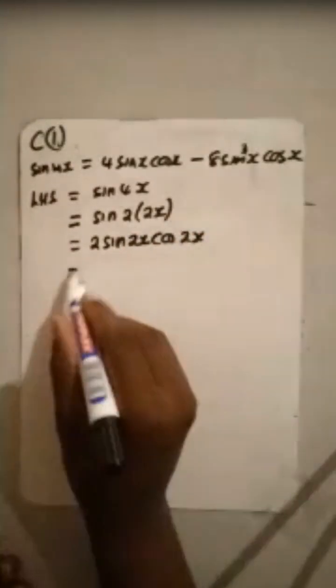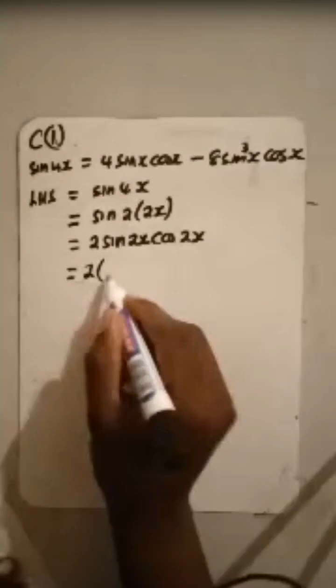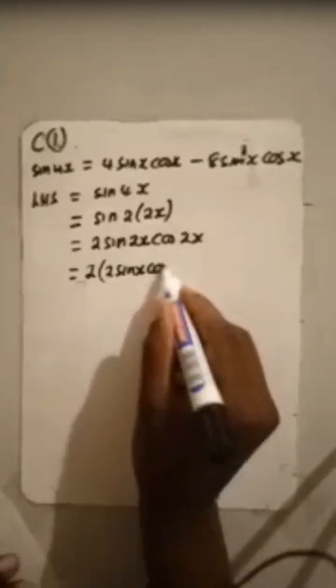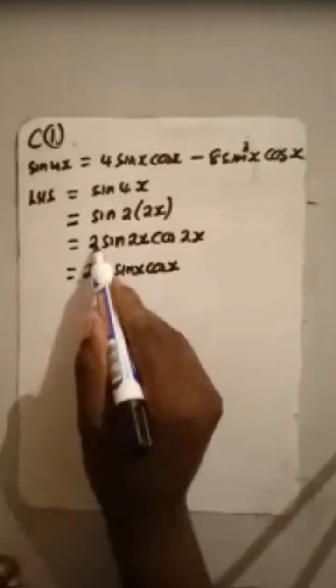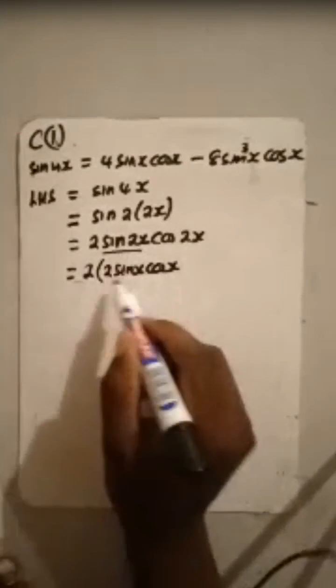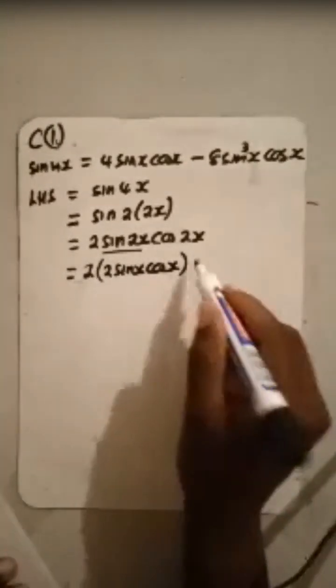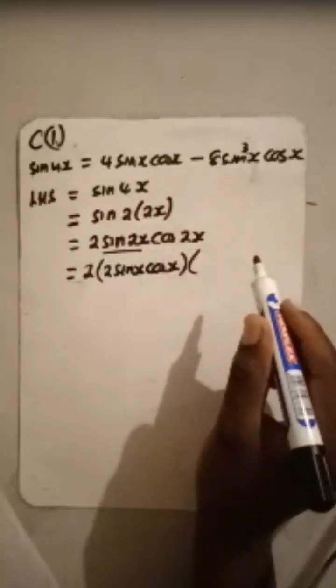Sine 2x can be further expanded as 2 sine x cos x. Don't forget that this 2 was already there, so this one is 2 sine x cos x, and cos 2x.